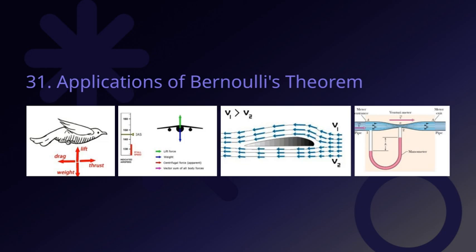Another important application is in aerodynamics, especially in the design of airplanes. Bernoulli's theorem explains how the pressure difference over the wings generates lift, enabling aircraft to fly. Additionally, it's used in the design of carburetors in engines, where it helps mix fuel and air efficiently for combustion. Overall, Bernoulli's theorem connects the physics of fluid flow to real-world engineering and technological advancements, reinforcing its significance across various fields.